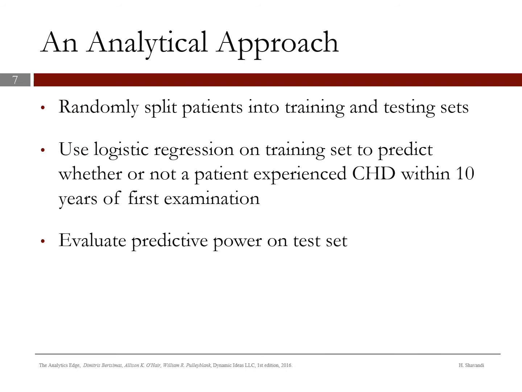So now we are ready to implement our analytical approach. First, we randomly split the patients in the data set into two subsets, training and testing data sets. Let's assume a ratio of 75% of the data set for training and 25% for testing. Here we apply logistic regression on the training data set in order to predict whether or not a patient experienced CHD within the 10-year study period.